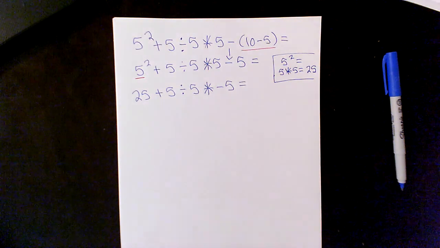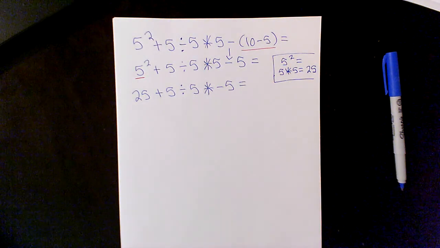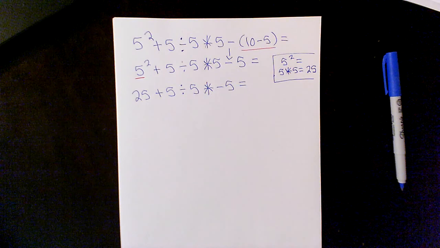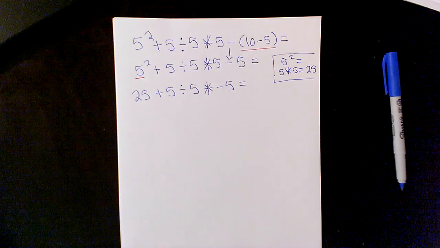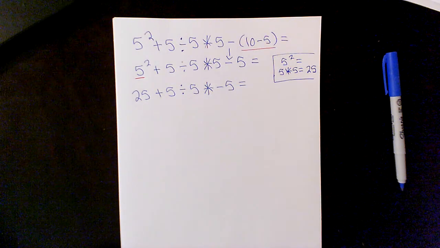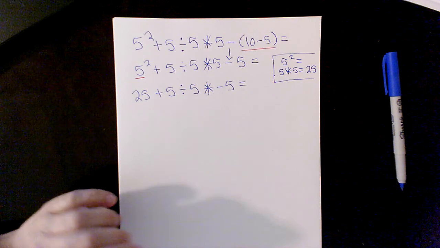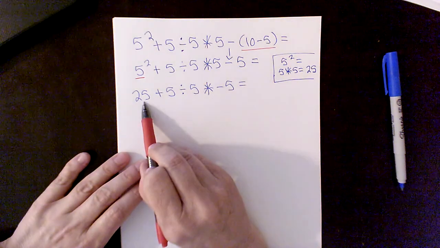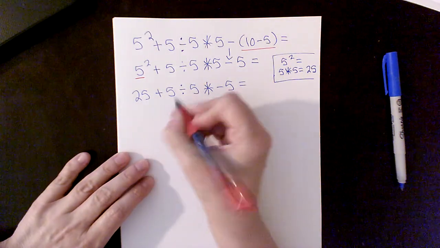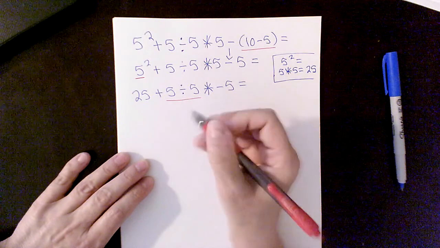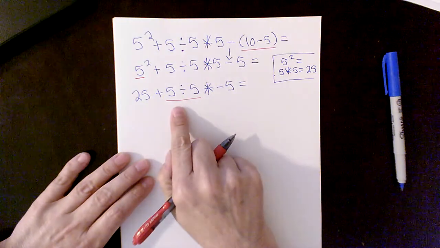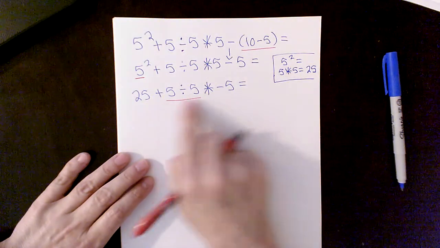where am I going next? So I'm going to 3. Remember, I'm going to multiply, divide, but I need to go left to right. So as I'm going left to right, ooh, this comes up first. So I'm going to do this first. Look, this comes before that, going left to right.